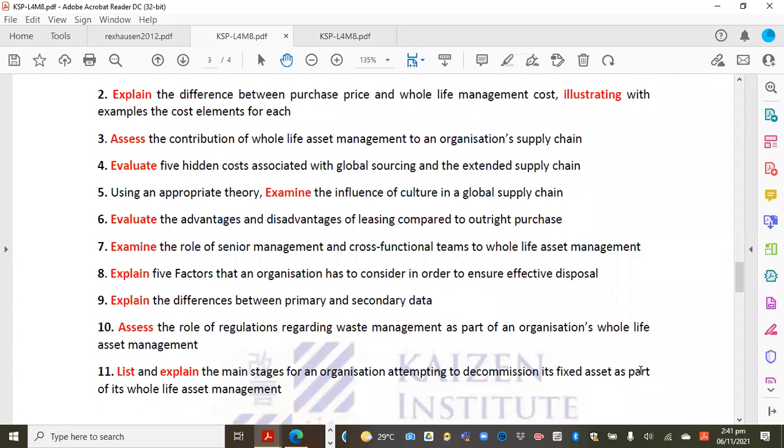When we talk about extended producer responsibility, it means that the producer should not only consider producing an item for money, but must also consider the impact of the asset or the item he's producing on the environment, and take proactive measures to ensure that the disposal stage, or the end of life of the asset, is properly managed.